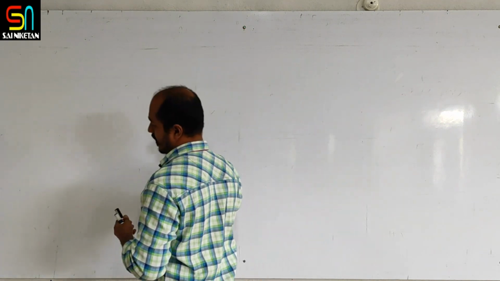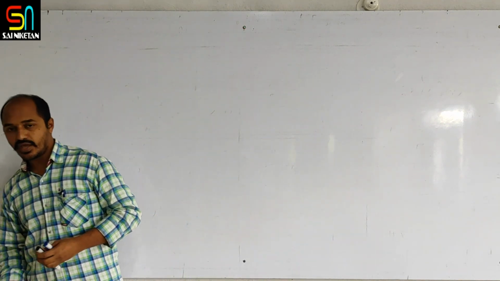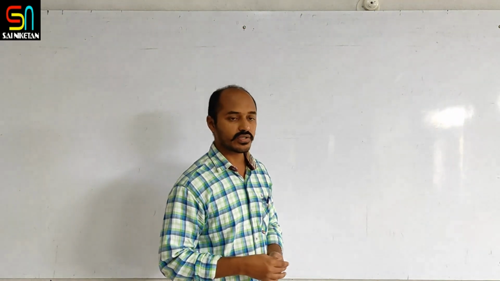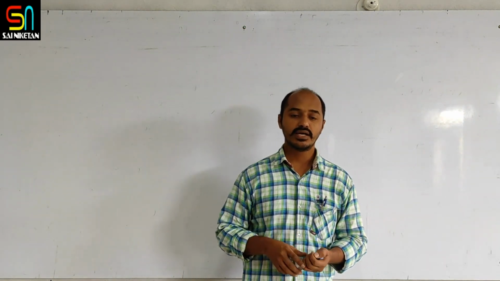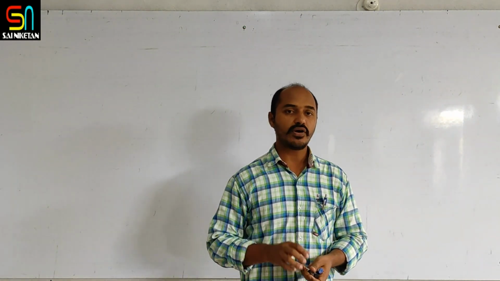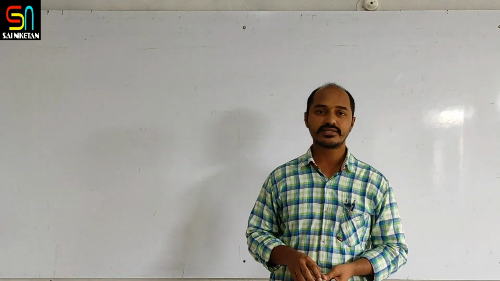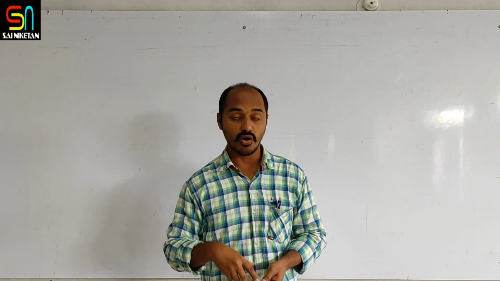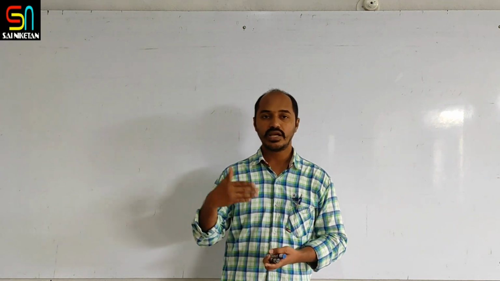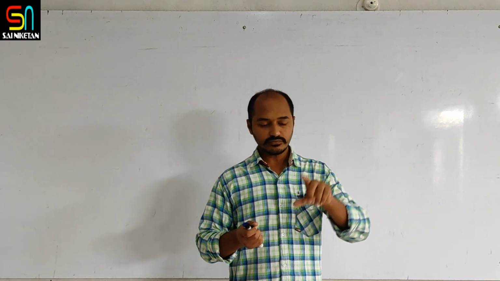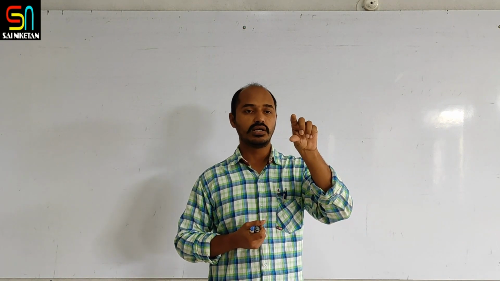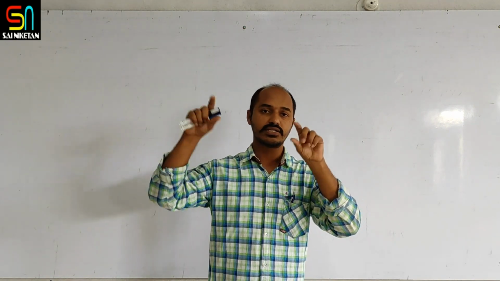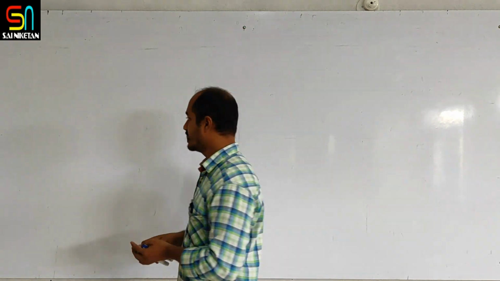Transistor as an amplifier. Before going to the actual concept, let us make sure we understand what an amplifier is. An amplifier is a device which makes a weak signal into a strong signal, or a shorter amplitude signal into a larger output signal, like this.